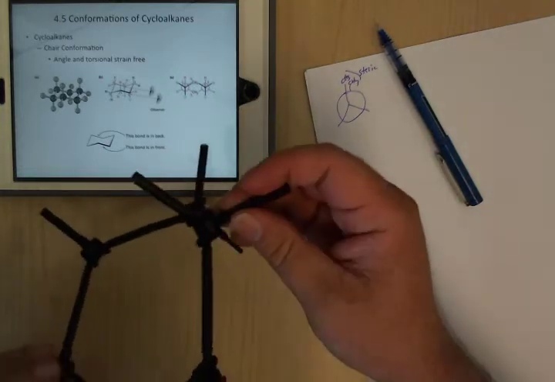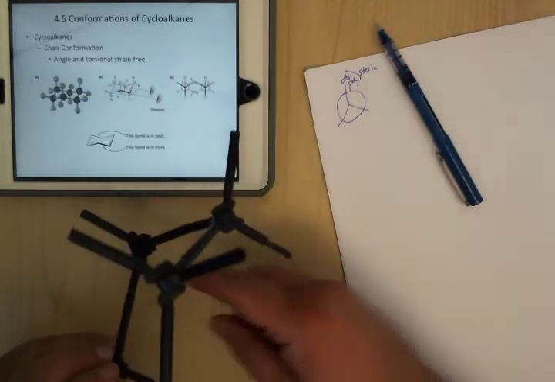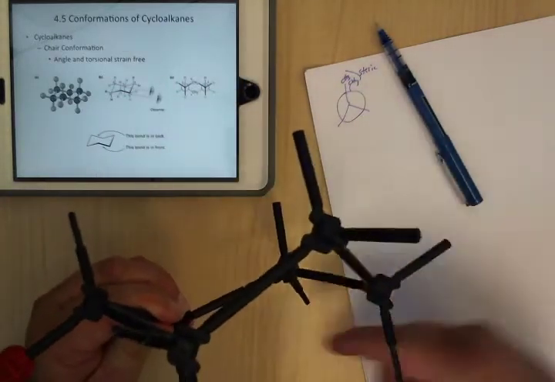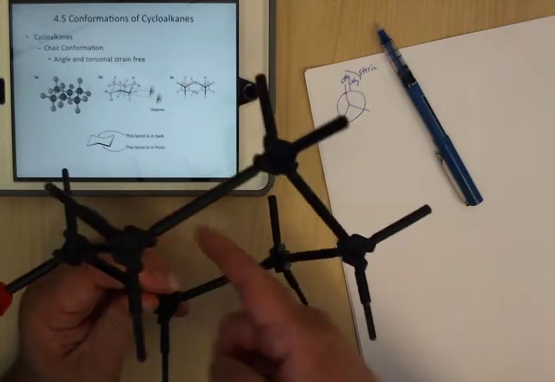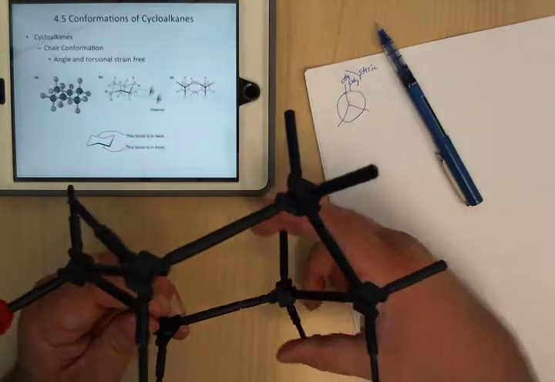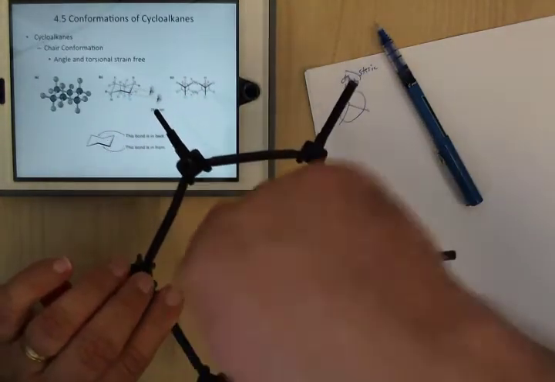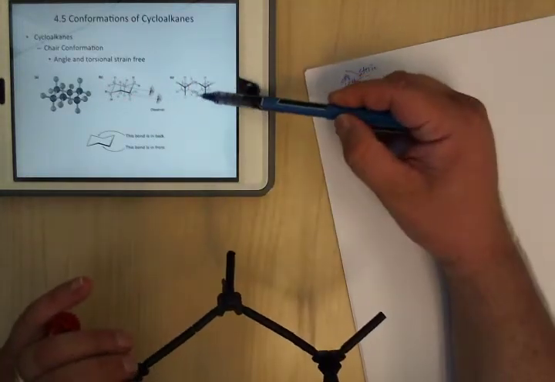Yes, you do have it, but notice the hydrogens are sticking out away from each other. These two hydrogens aren't knocking into each other. These hydrogens and these hydrogens are pointing away from each other. There's no hydrogens in the middle here to knock into it, so we don't have this gauche interaction here.